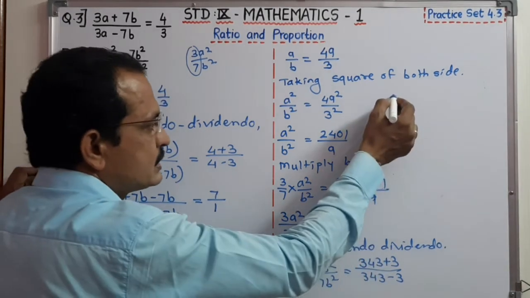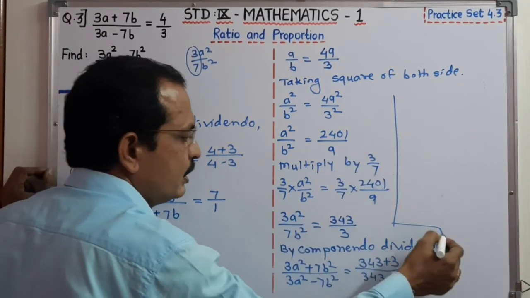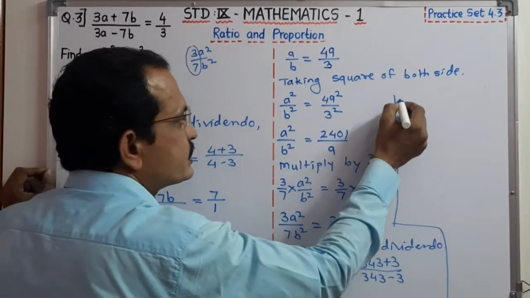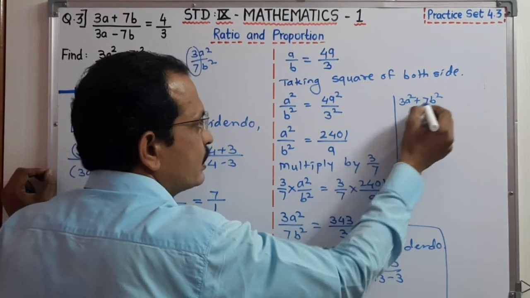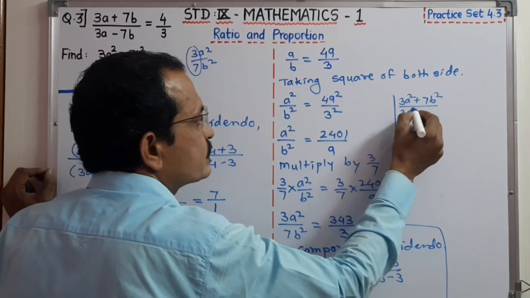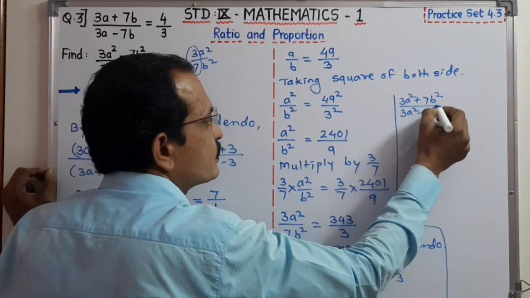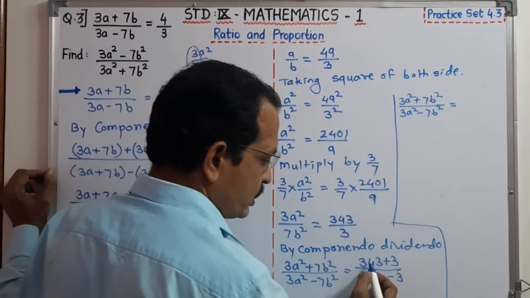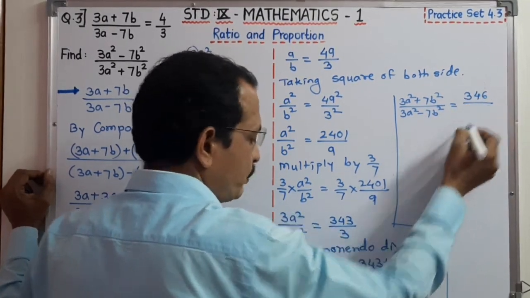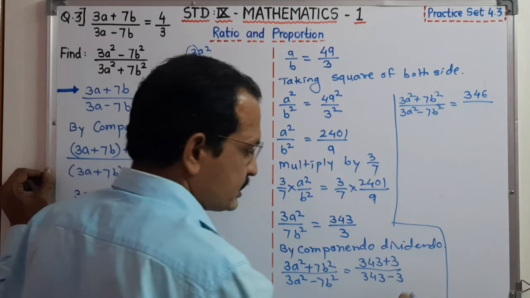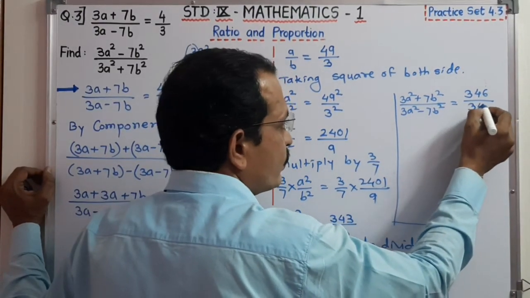Now dear student, see, I write here (3a square + 7b square) / (3a square - 7b square) is equal to 343 plus 3, it is 346, upon 343 minus 3, it is 340.